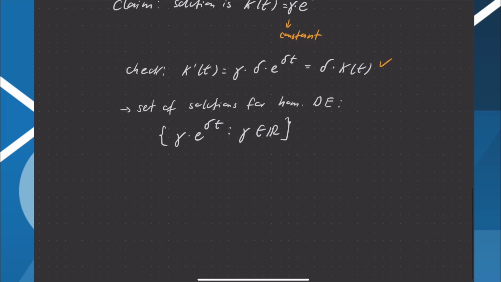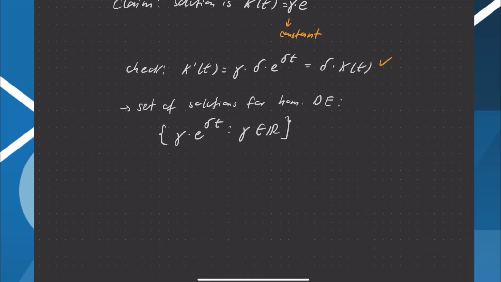Now, how about the inhomogeneous case? How about if we have some investment function that is not all zero? Let's look at that case next. So that's case 2. The inhomogeneous differential equation. What we mean by that is we have a general function I of t that is not necessarily zero everywhere.